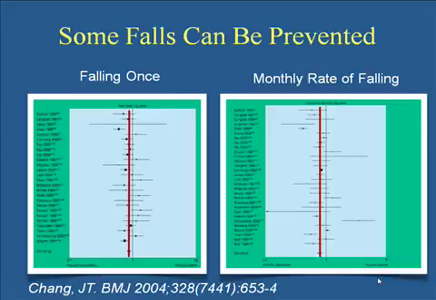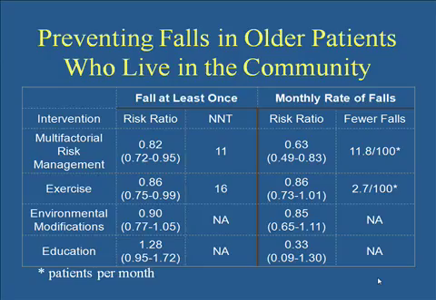If we look at, again, another synthesis of evidence from the community, we can see that there are a variety of interventions that have been looked at. These include multifactorial risk assessment and management, and we'll talk more about that in a little bit.